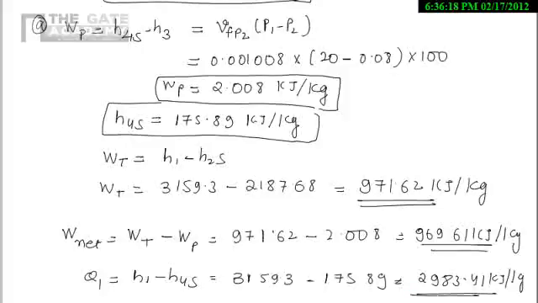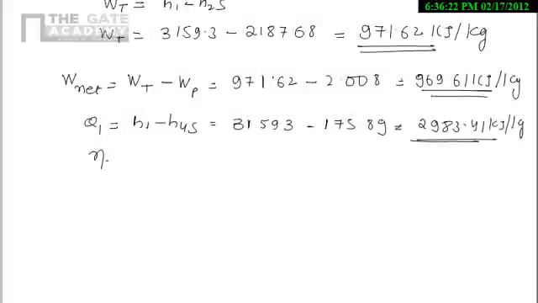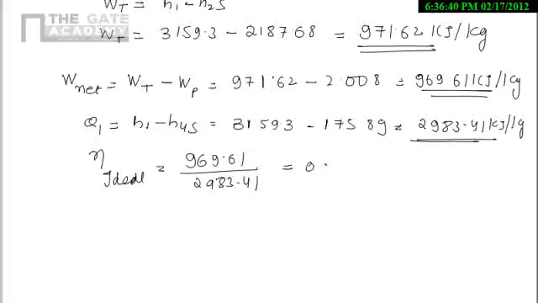Now we have W net and Q1, so we can calculate the efficiency of the ideal cycle. So 969.61 divided by 2983.41 will come around 0.325, or we can say 32.5%. So that is for part A.